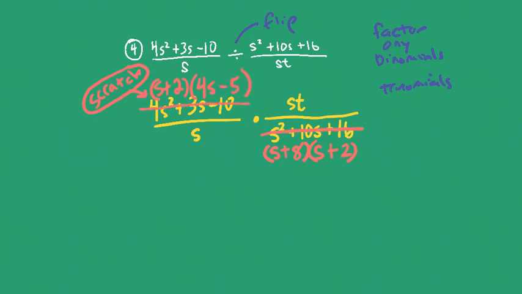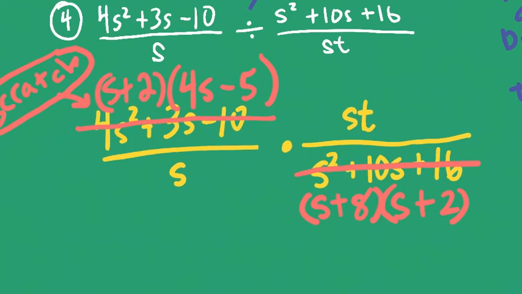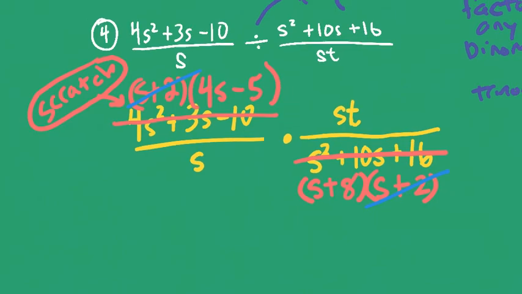Okay. And so at this point, if you can cancel something, you'll want to do that. We've got an s plus 2. Let me do a different color here. So s plus 2 on top, s plus 2 on the bottom, those cancel.